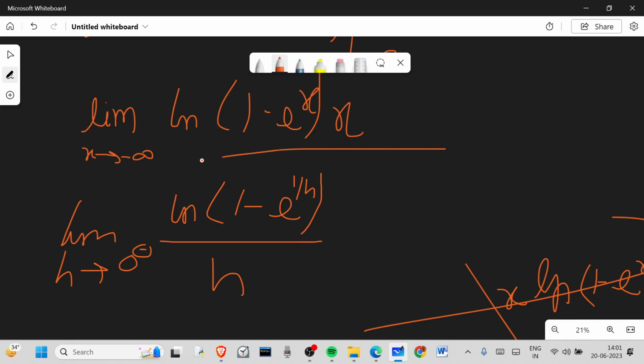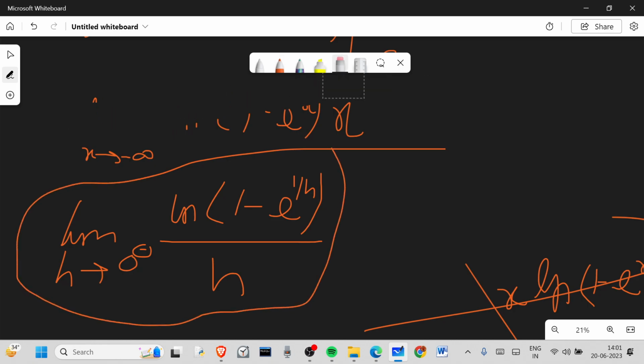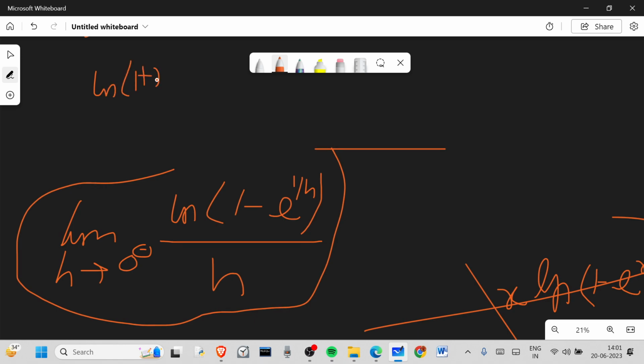So anyways, this is the limit I've got, and now I'm thinking of applying L'Hopital. One more thing I am thinking is that ln(1 plus x) is approximately x, from series.